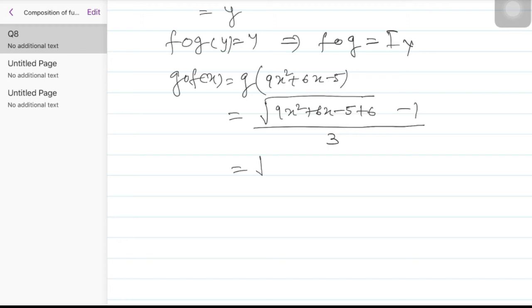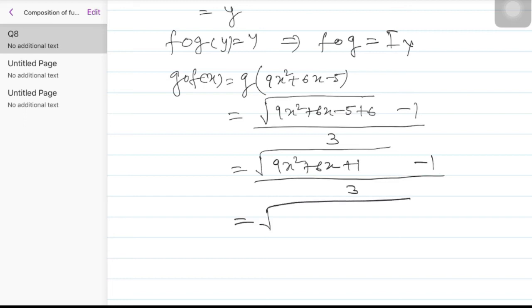Putting y as 9x square plus 6x minus 5, it will become the square root of 9x square plus 6x plus 1, minus 1, divided by 3. Inside the root it will become 3x plus 1 whole square.